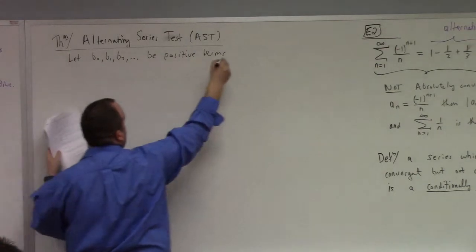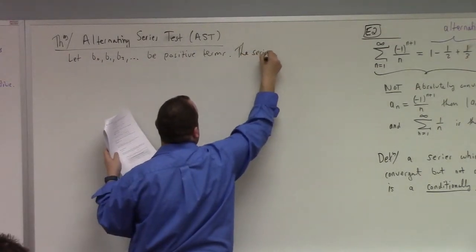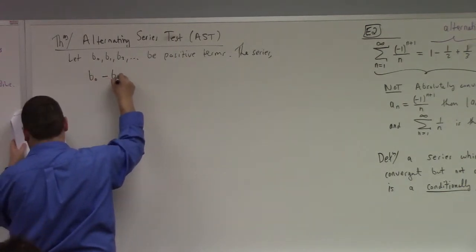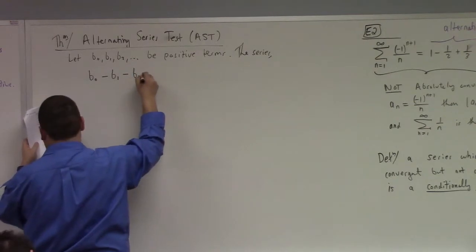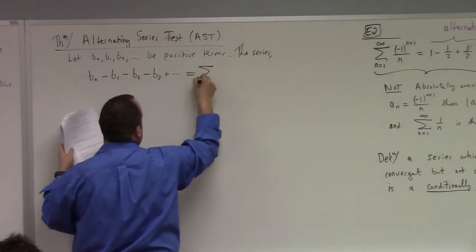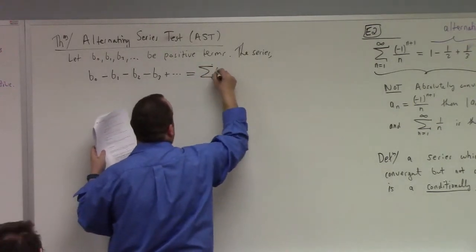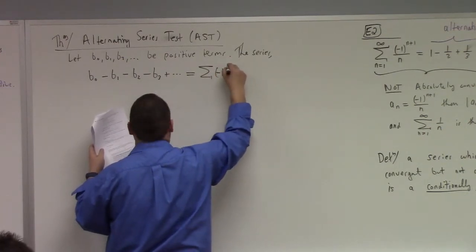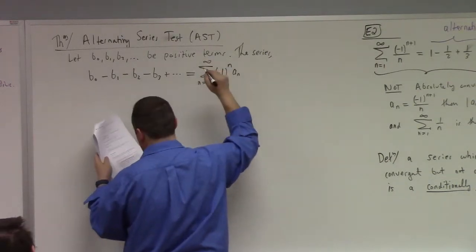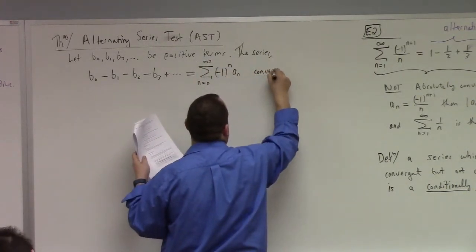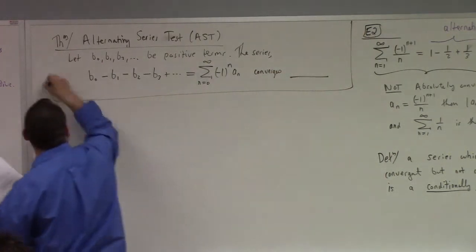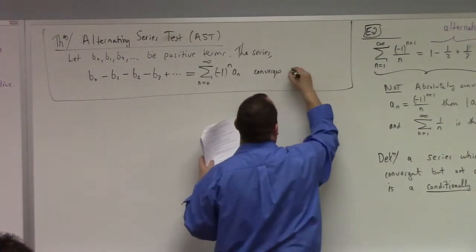Then the series b0 minus b1 plus b2 minus b3 plus dot, dot, dot, in other words, the sum of minus 1 to the n, b sub n, n equals 0 to infinity, converges, fill in the blank. And I'll put an if and only if here.